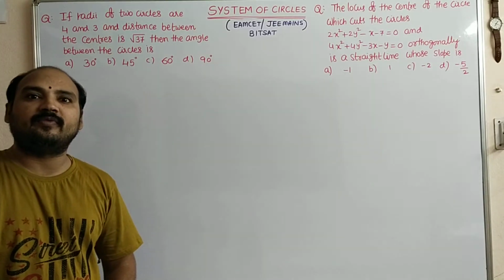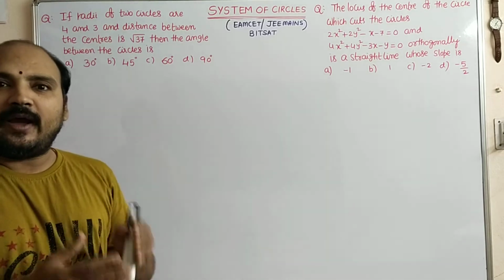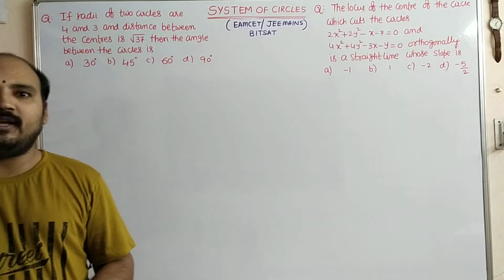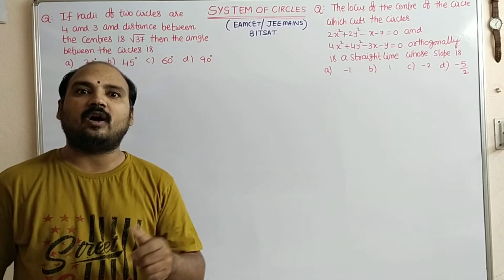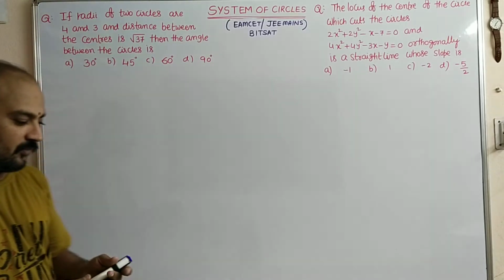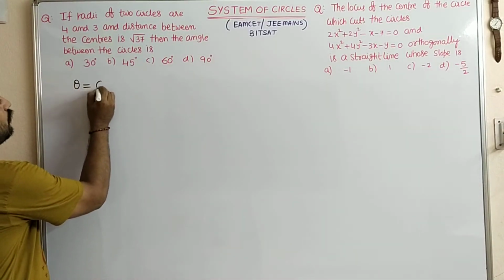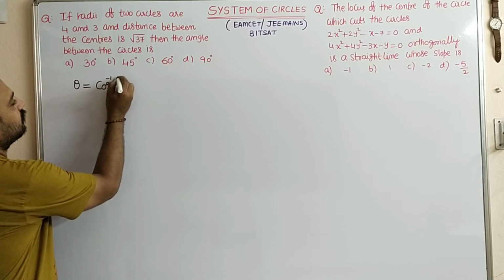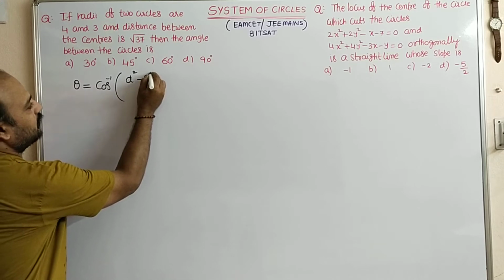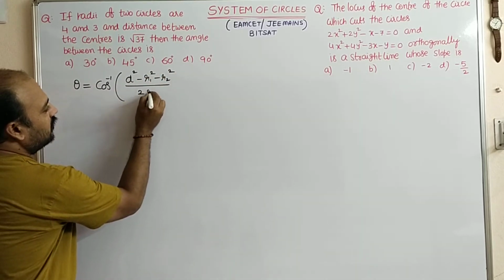We know that the angle between two intersecting circles whose radii are r1 and r2 and distance between their centers is d, then we have the formula theta equal to cos inverse of (d square minus r1 square minus r2 square) divided by 2 r1 r2.